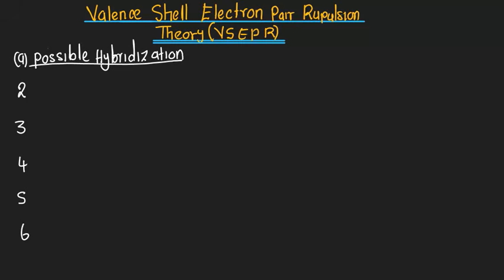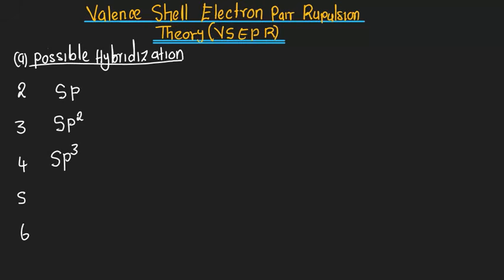Since you are starting from the first one, which is 2, your first hybridization is going to be SP. Going to 3, the second hybridization is SP2. Then for 4, because this one is the third, you have SP3.